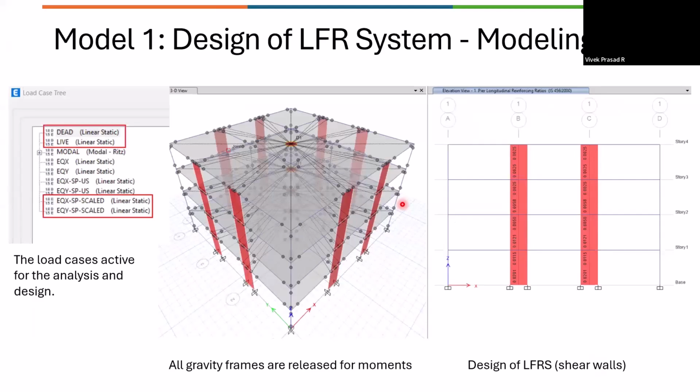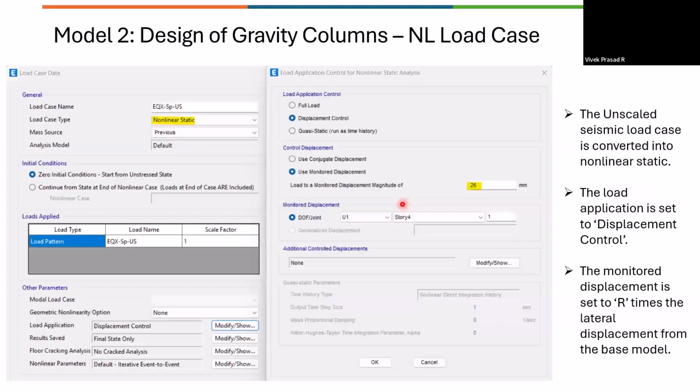And we'll be running 2 scaled spectrum scaled forces for designing the lateral force resisting system, right? And then step 2, part A is designing of the gravity frames by simply converting the linear lateral case to nonlinear static and specifying the displacement as target displacement, right?